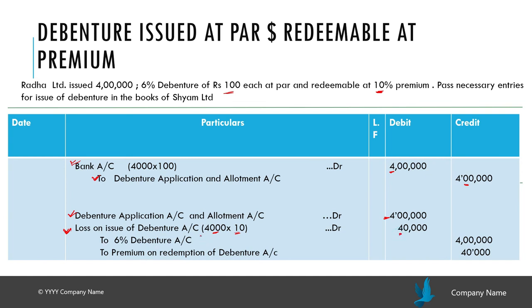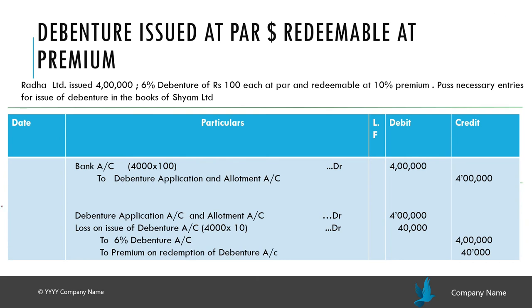Now debenture will definitely be credited with 4,000 into rupees 100, because 100 rupees is the nominal value, so that will be 4 lakh, and premium on redemption of debenture will be 4,000 into rupees 10. Securities premium value is given over here, 10%.